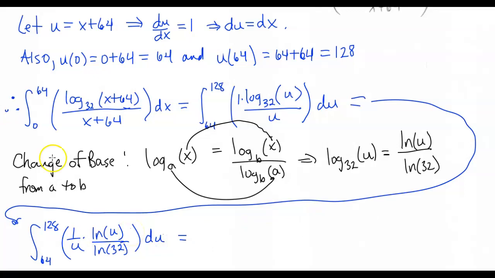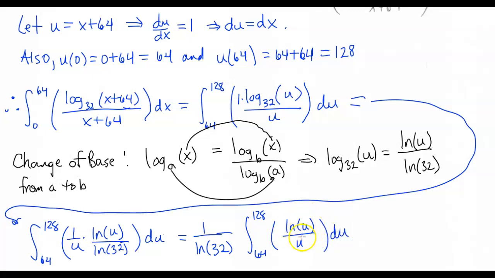All right, so now that we have this in this form, what we can do is just factor out this 1 divided by natural log of 32. Then we write the rest here, and we'll see that what we essentially have on the inside is just natural log of u divided by u du.